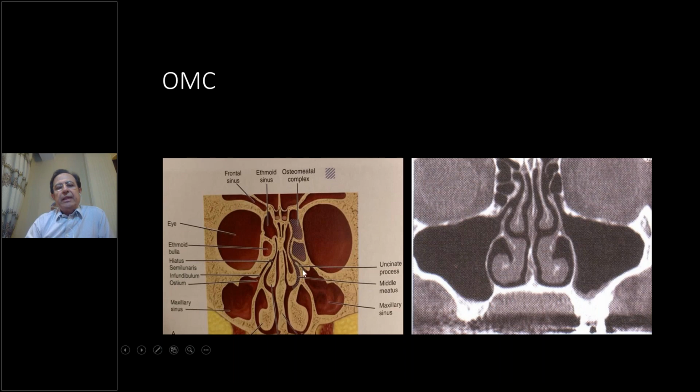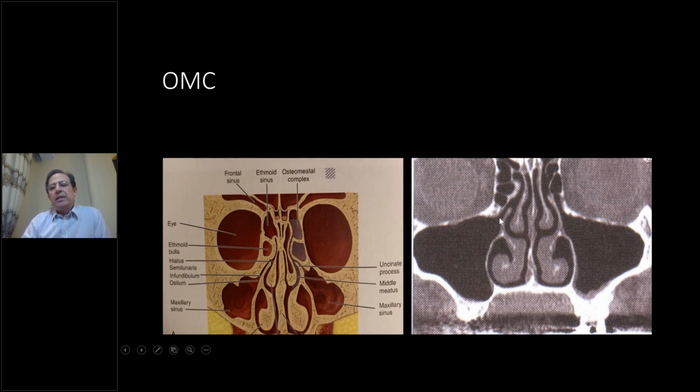After that, the direction is toward the superior and medial, and then the secretion goes to the middle meatus and then to the nose. This is the pathway of drainage of the maxillary sinus.